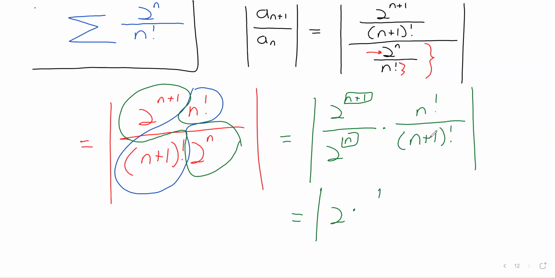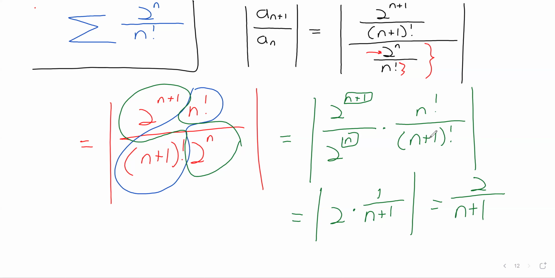We did this in a previous example. It's 1 over n plus 1. And once again, these absolute values aren't doing anything because 2 is positive and n plus 1 is positive. We're multiplying and dividing, so the absolute values don't have any negative terms to work on.